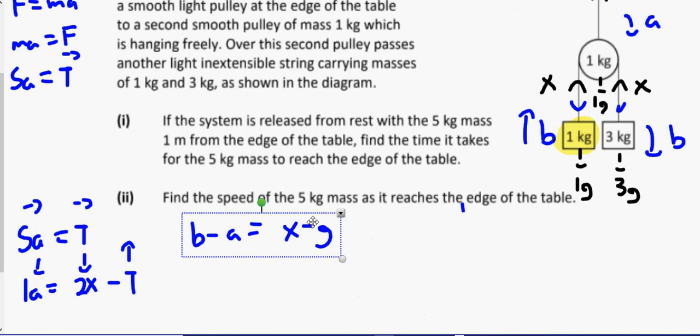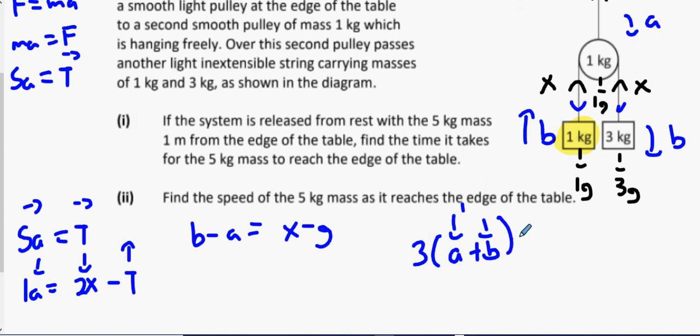The 3 kilogram particle is going downwards because A and B are both going downwards, and this means there's only one interpretation possible. It's that 3g is much more than the tension going upwards. So we get 3a plus 3b.